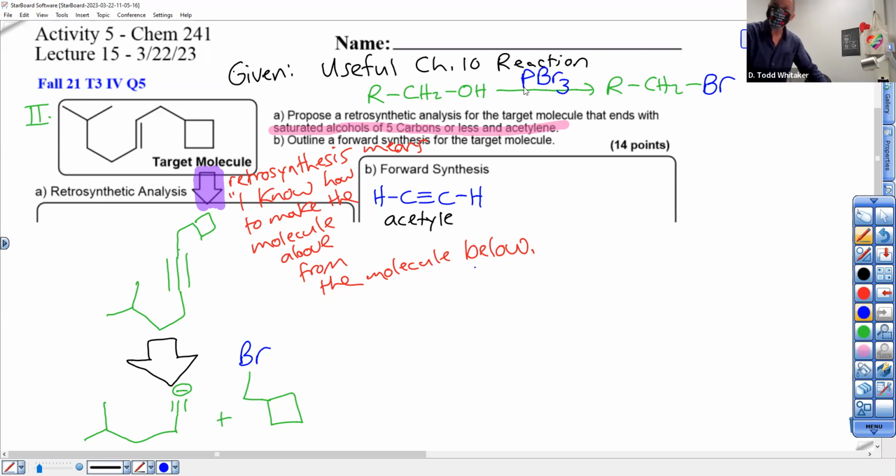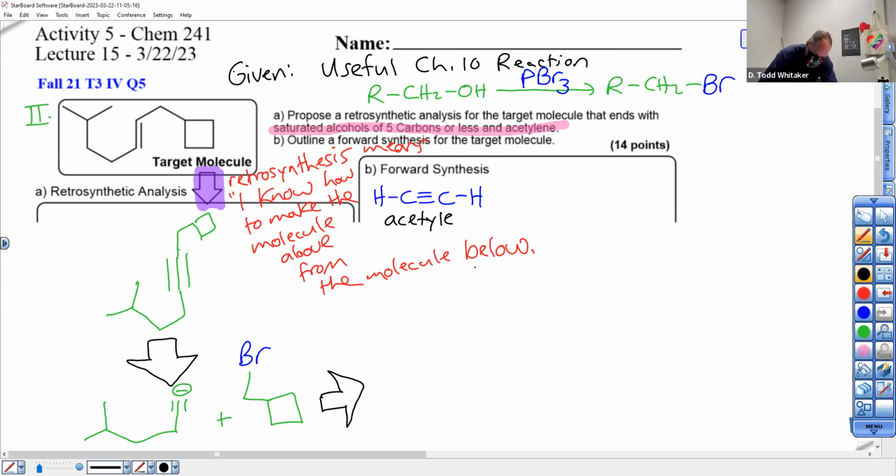Now looking at it backwards, what kind of molecule was it before it was this? It was this kind of molecule. What kind of molecule is that? Give me the name of a functional group. Primary alcohol. So just from the useful reaction, we know this to be true.